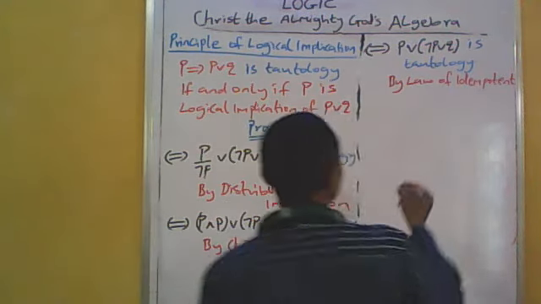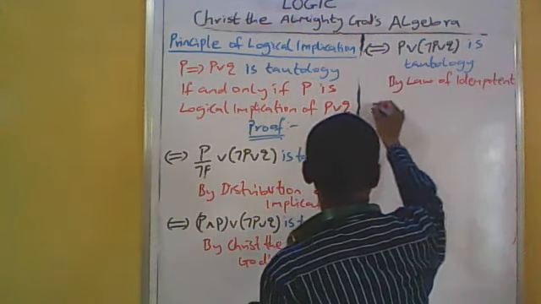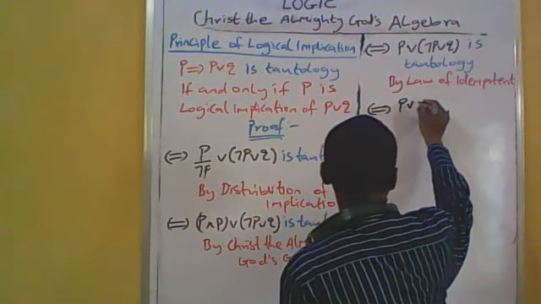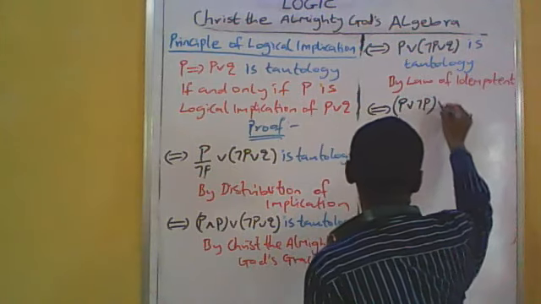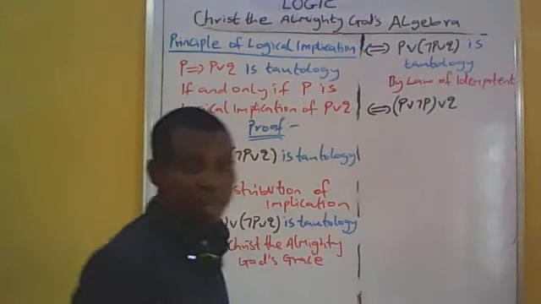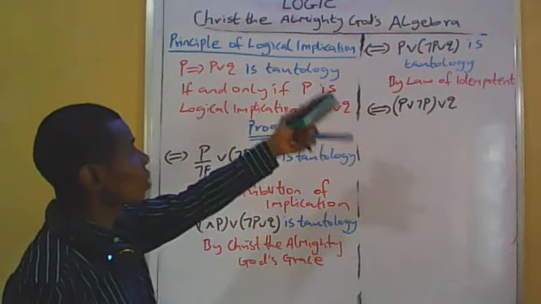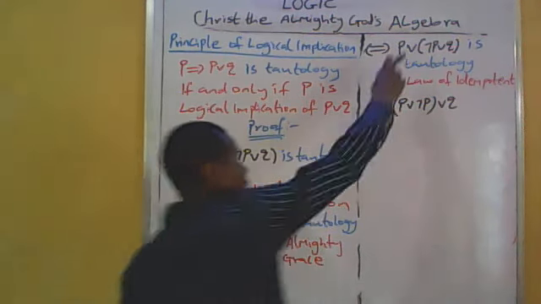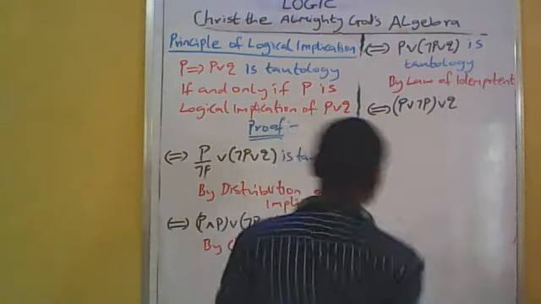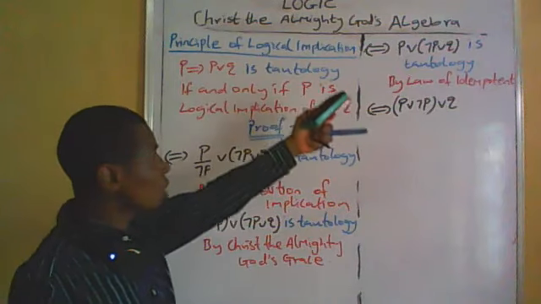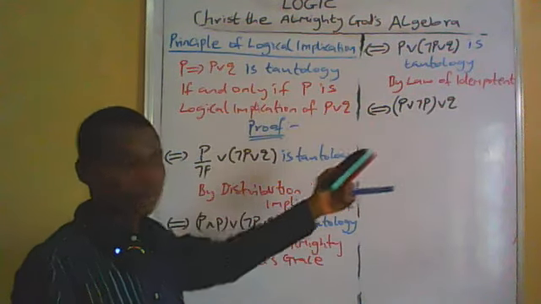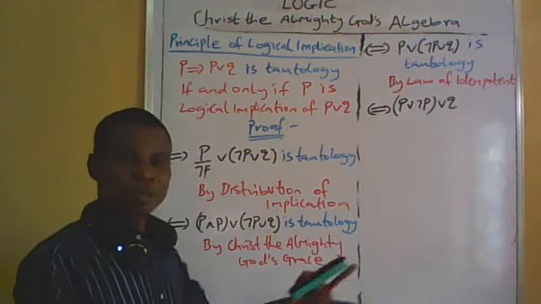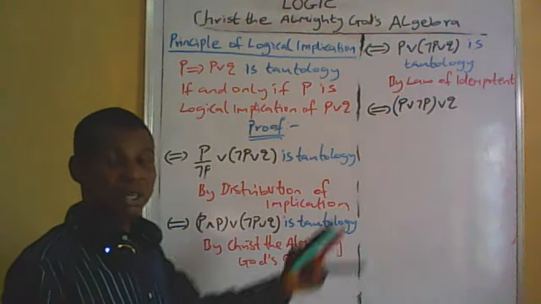So if and only if P or not P, all in bracket, or Q. Now we associated P or not P, and it still preserves equivalence of this P or bracket not P or Q. That means we substitute this P or bracket not P or Q with P or not P or Q. It still preserves equivalence by law of associativity.